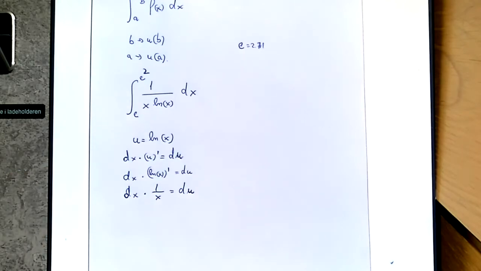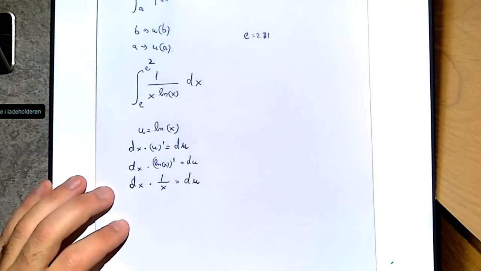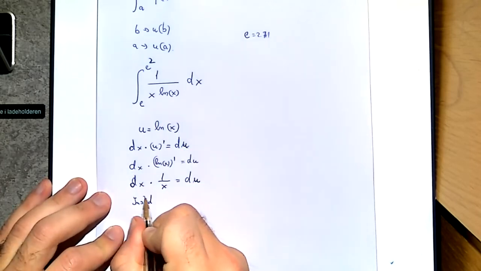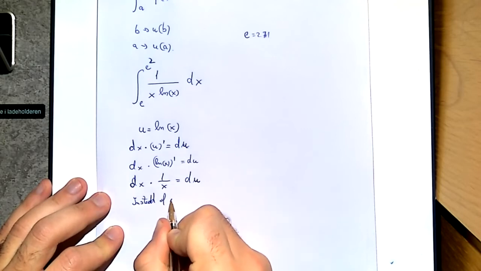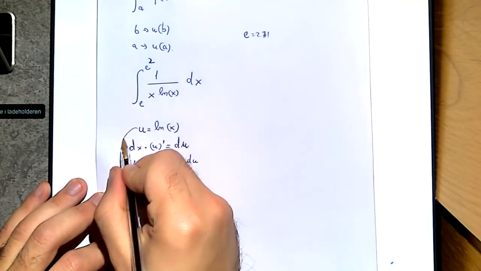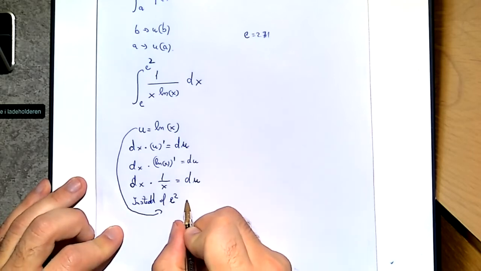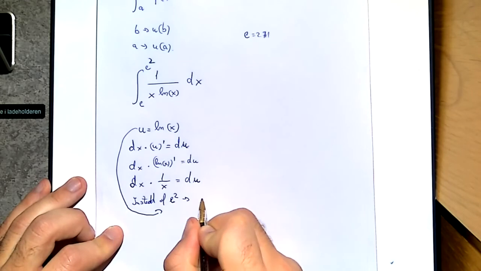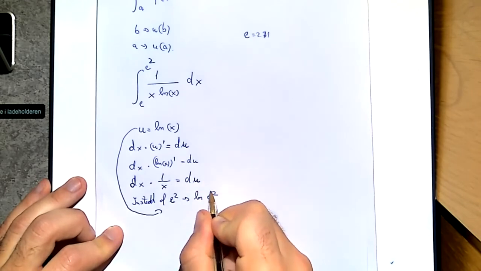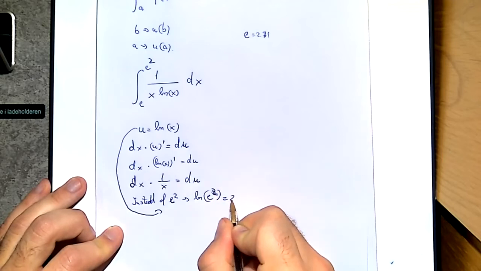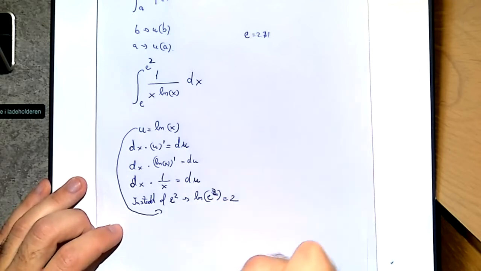And the other thing that changes is, instead of e squared, I'm going to write log of e squared, which is just 2 by definition.